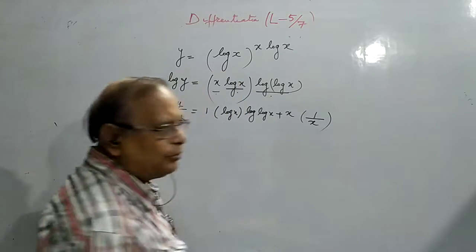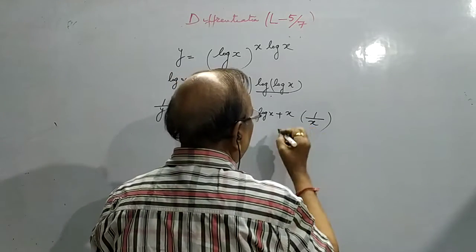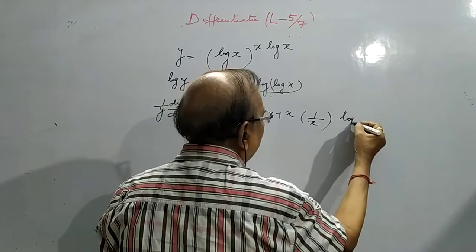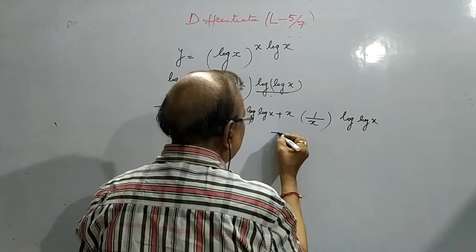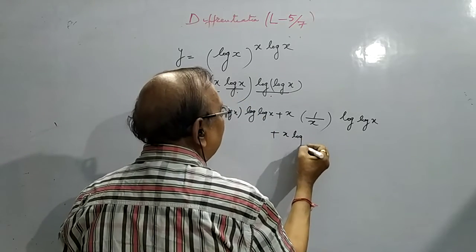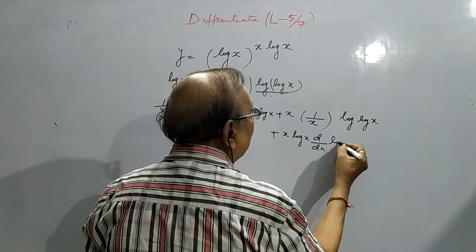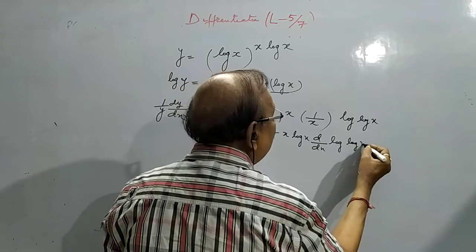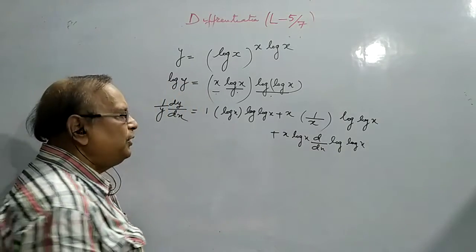That is 1 upon x. I am writing directly, and keeping the third function as it is, plus the first two functions as they are, and d by dx of log x, as that is a function of a function, that is a composite function.